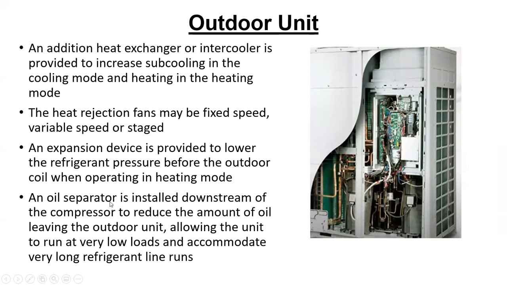An expansion device is provided to lower the refrigerant pressure before the outdoor coil when operating in heating mode, because in heating mode, that outdoor air coil is the evaporator. And so we've got to get that refrigerant really, really cold so it can absorb energy from the outside air.